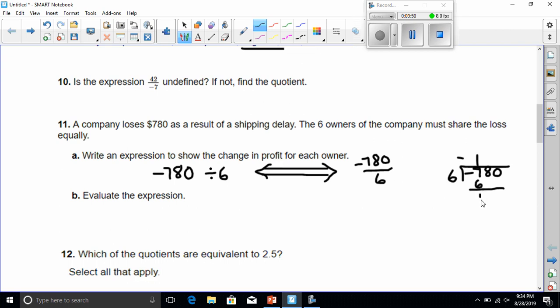That's going to leave us 180. How many times does 6 go into 18? 3 times, which gives us 18. And, of course, we have to fill in that 0 there. So our answer is going to be negative 130. All right, and we're off to number 13.